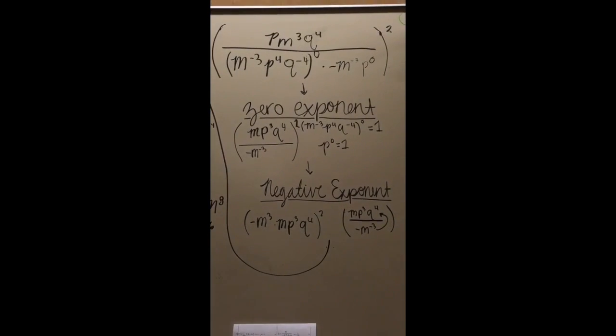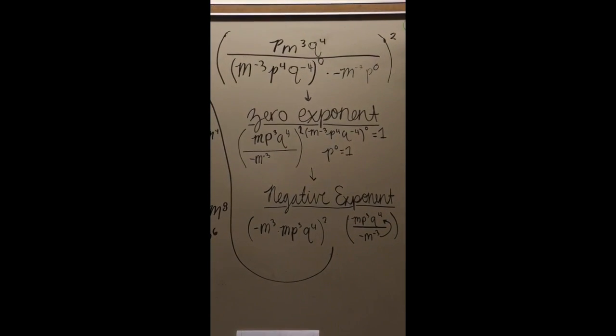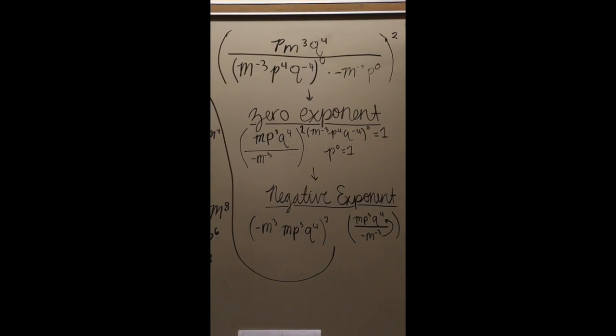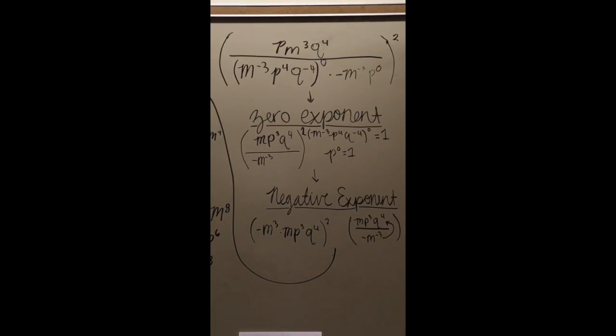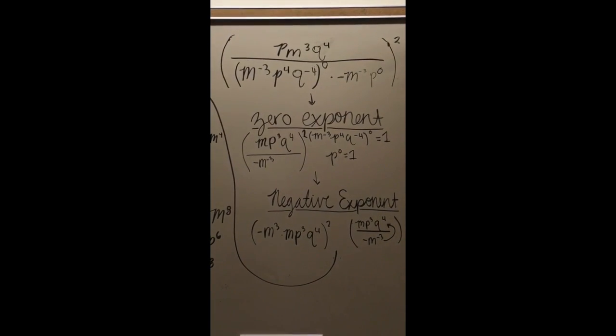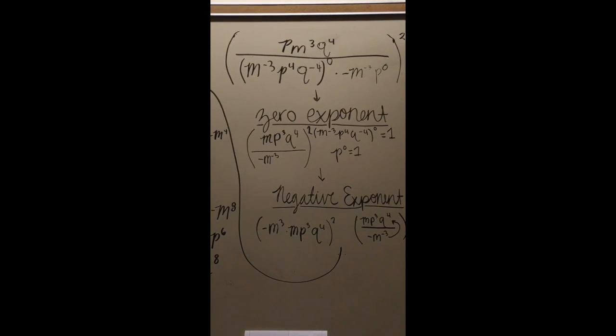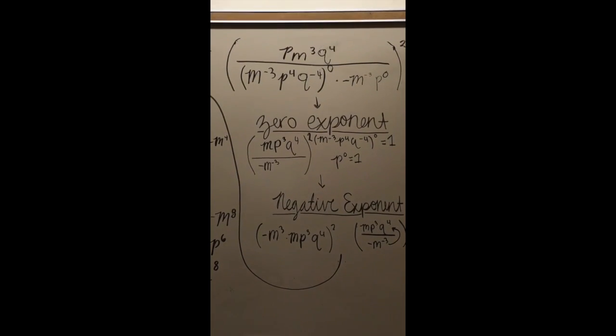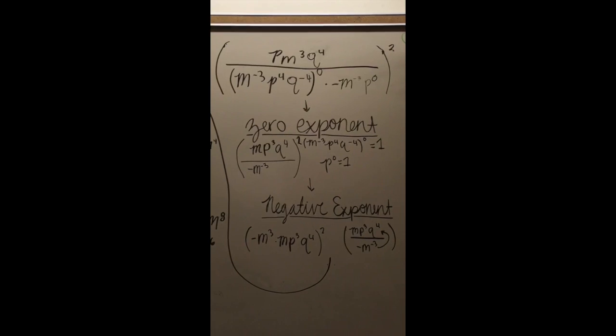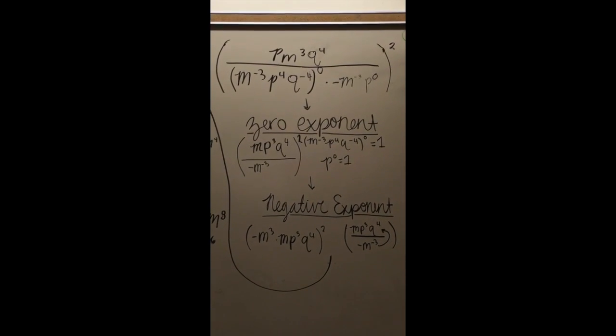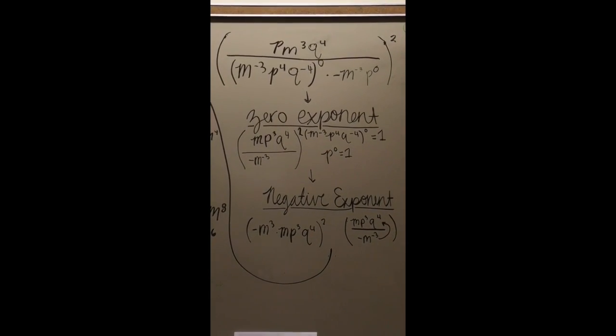Okay, for our extended problem, we have in parentheses p m to the 3, q to the 4, over parentheses m to the negative 3, p to the 4, q to the negative 3, to the 0, times negative m to the negative 3, p to the 0, and in all parentheses to the 2.